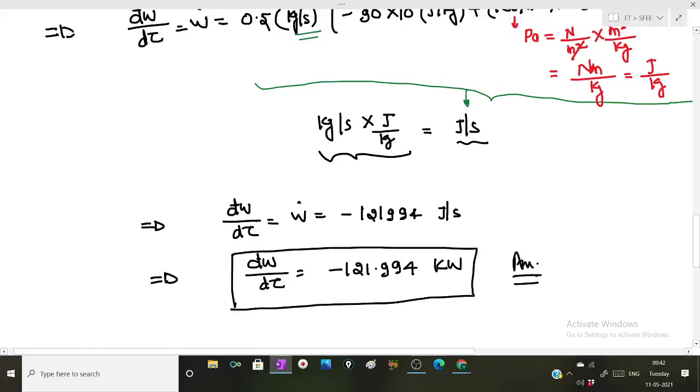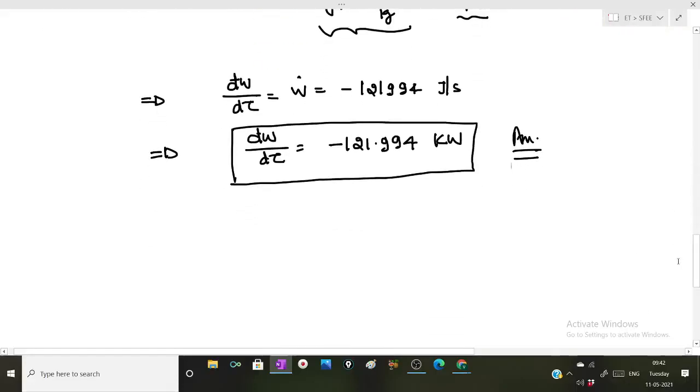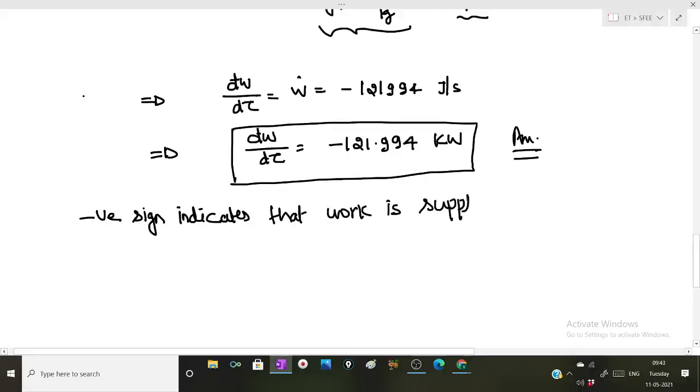Now here a minus sign is appearing. So what is the significance of the minus sign? The negative sign indicates that work is supplied to the compressor.